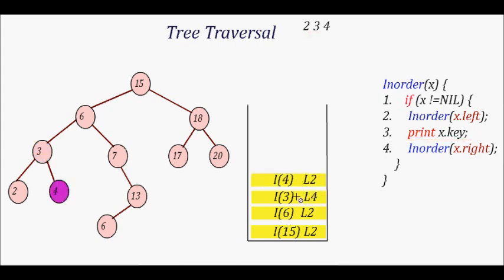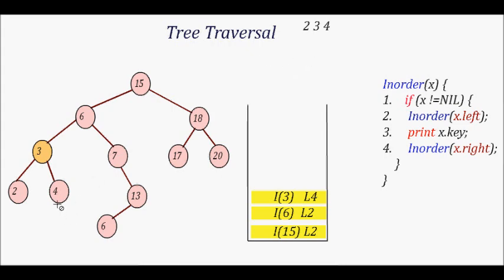At I3 I have executed L4, and I come to I4, and at node I4 I am at L2. This is not null, so in order x left, but it will be null, so it will just return back. I have not shown it again here. And then it will execute x dot right, but first it prints the key.